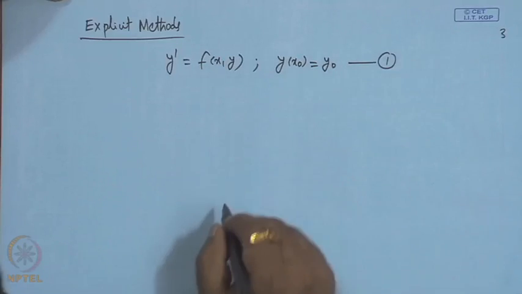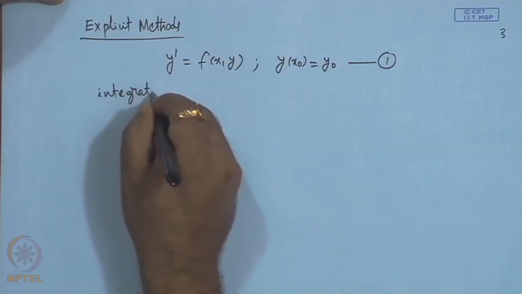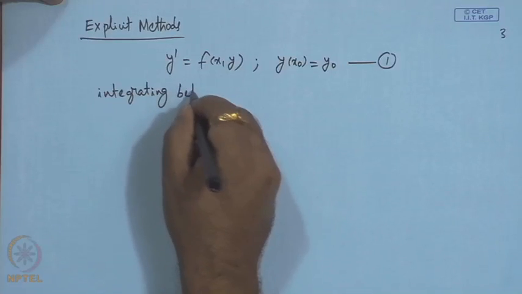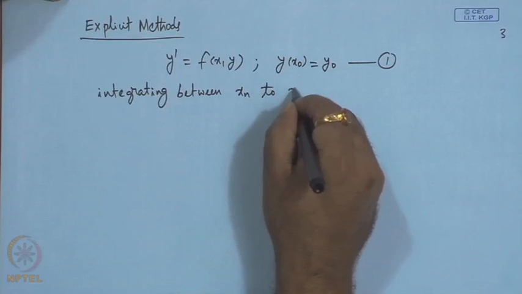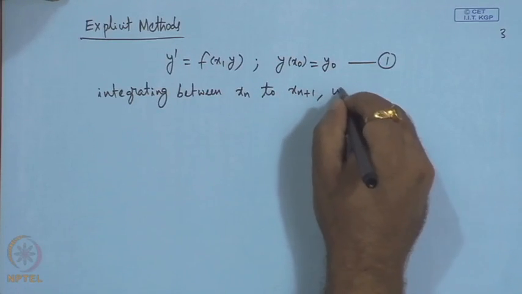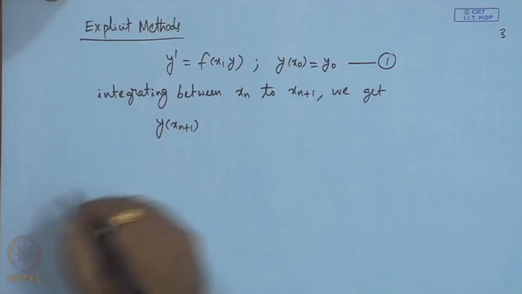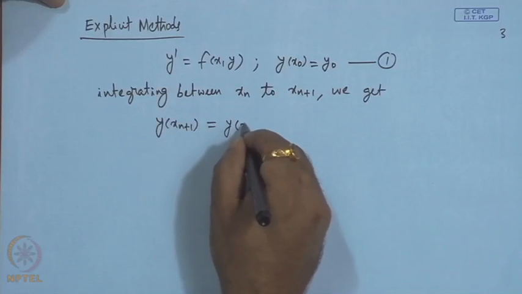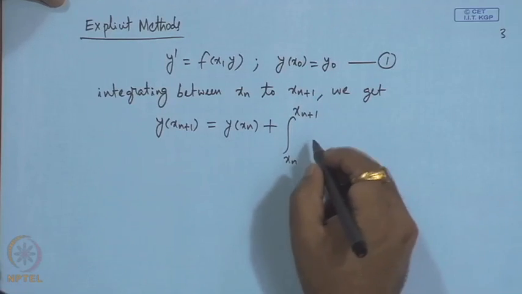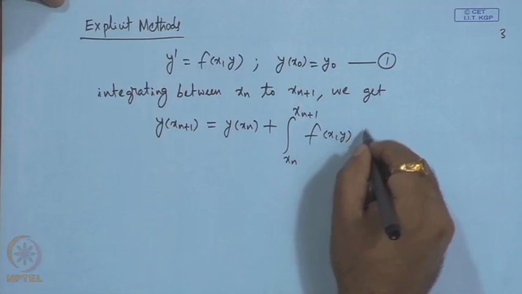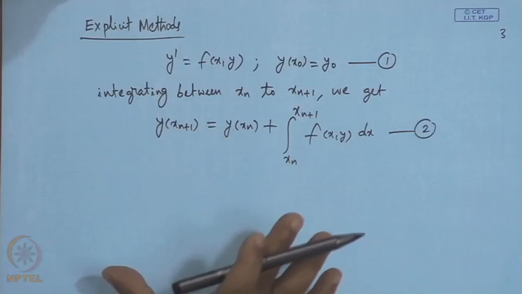Now, integrating between one interval, that is x n to x n plus 1, we get this. So, what we have done? We have integrated between just one interval.